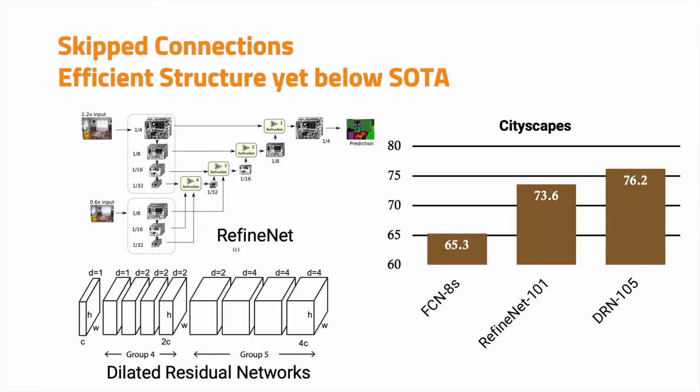The question here is, can we merge these two things together? That is, can we have a very effective segmentation network and at the same time use skip connection to reduce the computation?